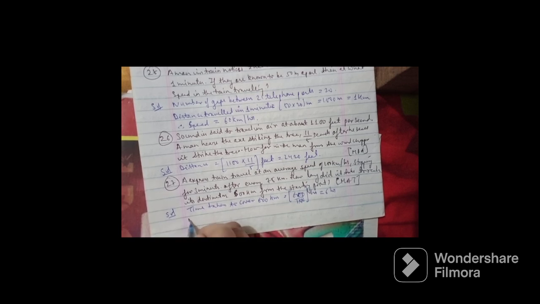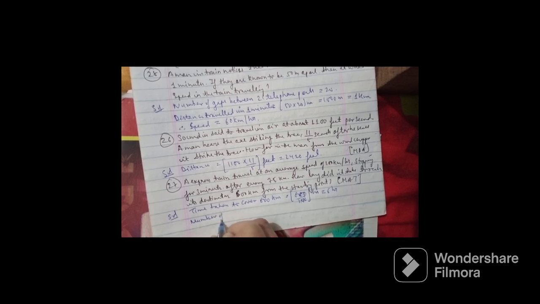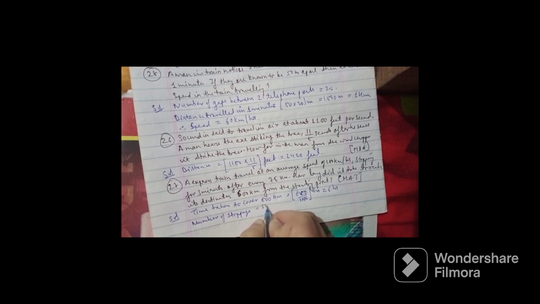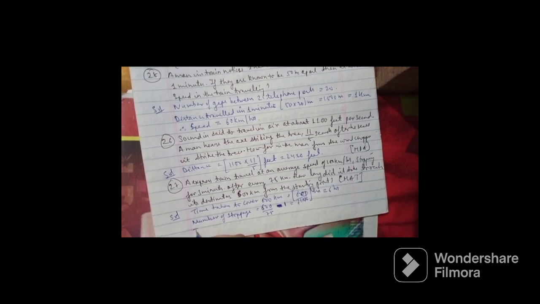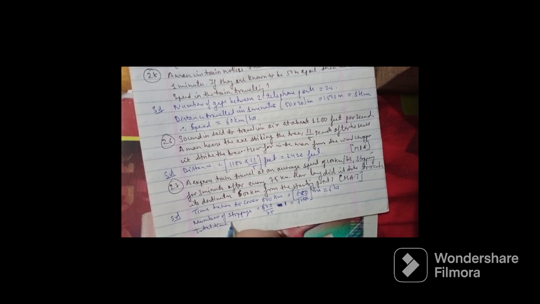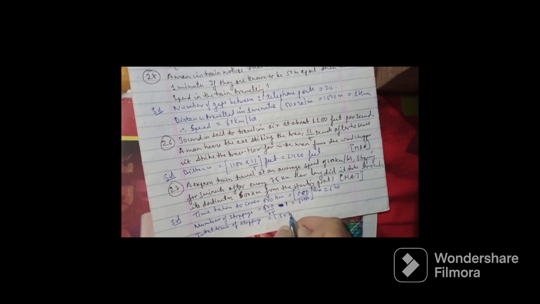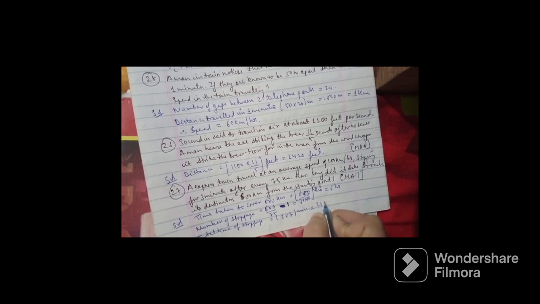Number of stoppages equals 600 upon 75 minus 1, which equals 7. Total time of stoppage is 3 into 7 minutes, which equals 21 minutes.